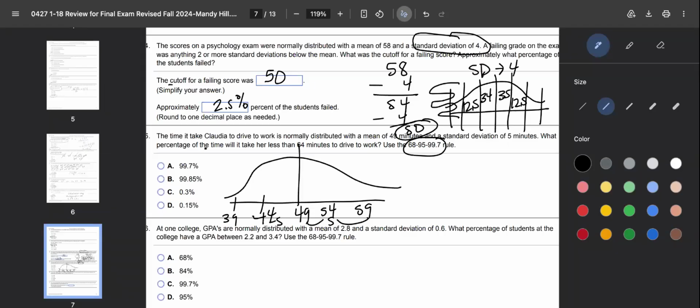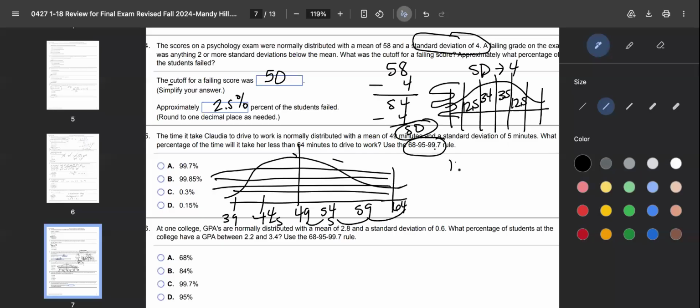So it says, what percentage of the time will it take her less than 64 minutes? If we added 5 again, we are 3 standard deviations away. So what percentage? A lot, right? The only thing that's going to be left is this little tail on the end. So this whole section is 99.7. So what's left is 100 minus 99.7, which is 0.3.